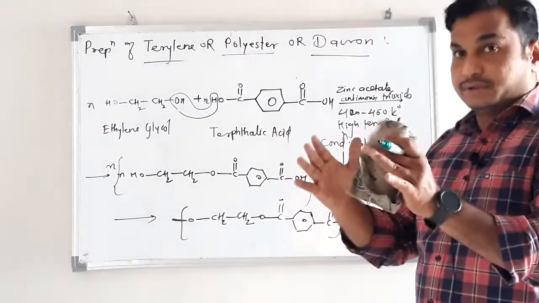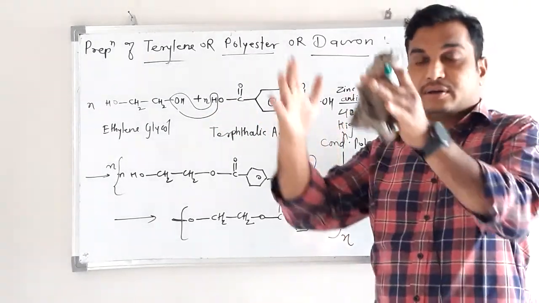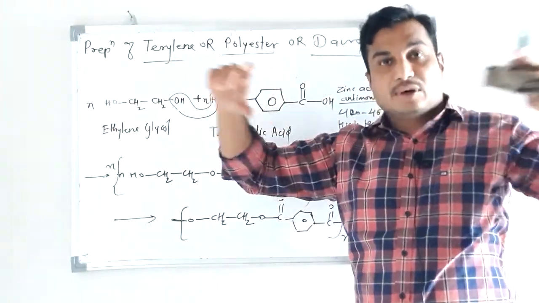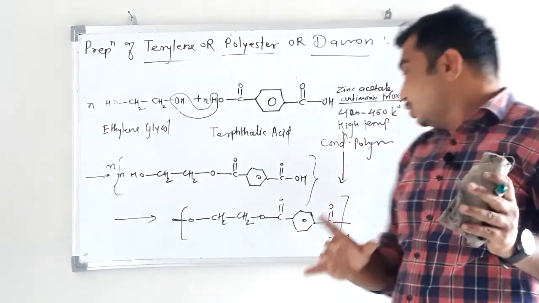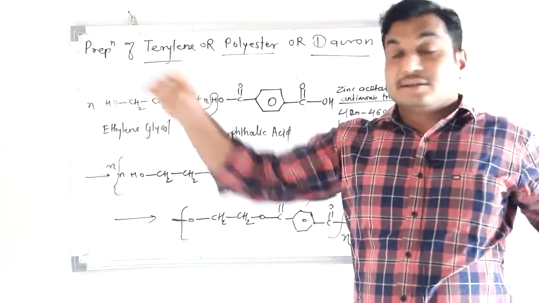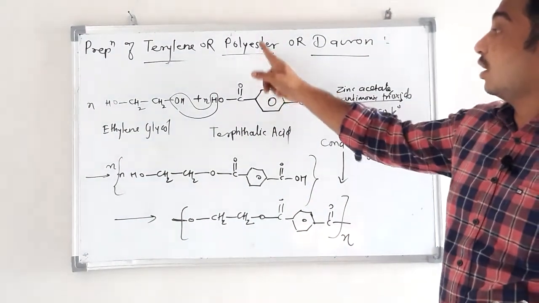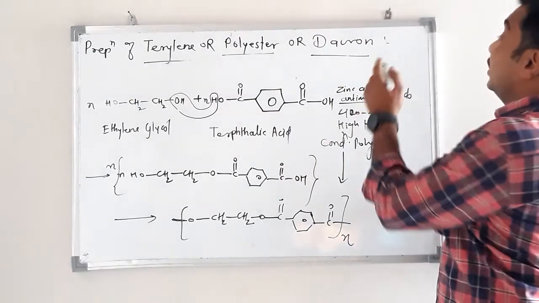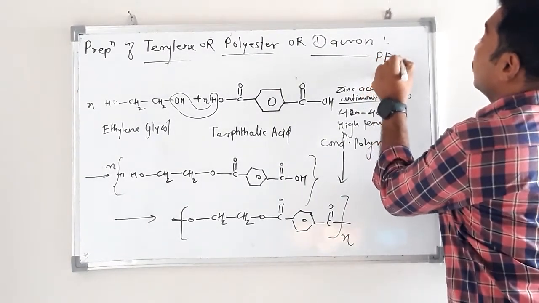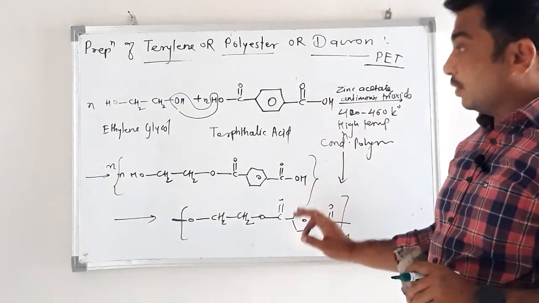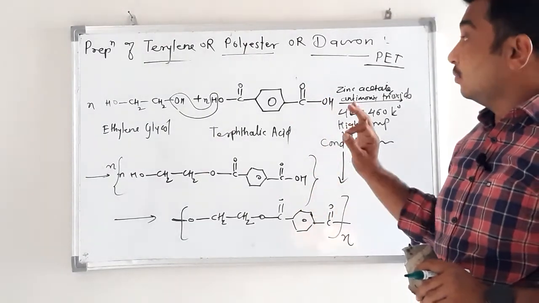If you arrange this reaction like ethylene glycol, terephthalate, ethylene glycol, terephthalate like this and so on, then all the molecules condense together by losing simple water molecules, condensation polymerization, giving a long chain, that is nothing but polyester or terylene, or we can call it polyethylene terephthalate or PET, in short PET. So this is the simple preparation for polyester.